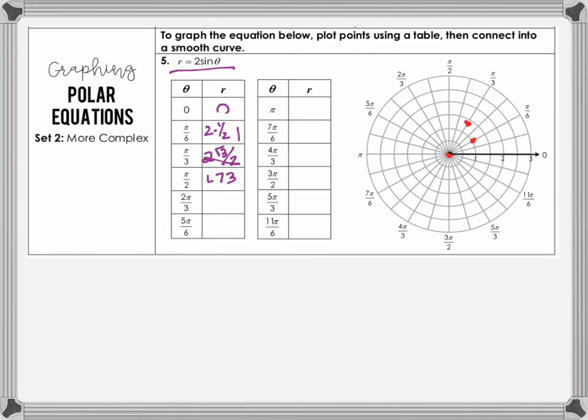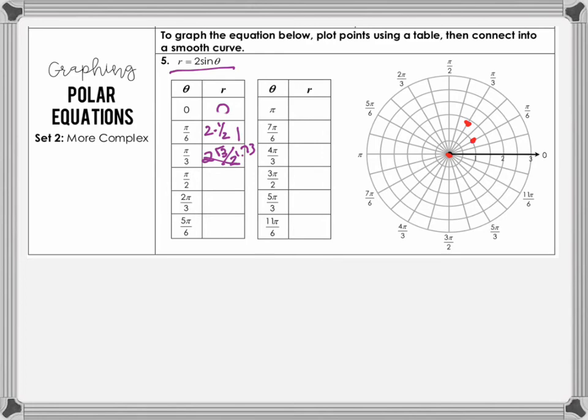Now, 2 pi over 3, sine of 2 pi over 3 is still the square root of 3 over 2, right? Oh, I put this in the wrong place back here. This was 1.73. So we didn't do pi over 2 yet. Pi over 2, sine of pi over 2 is 1.